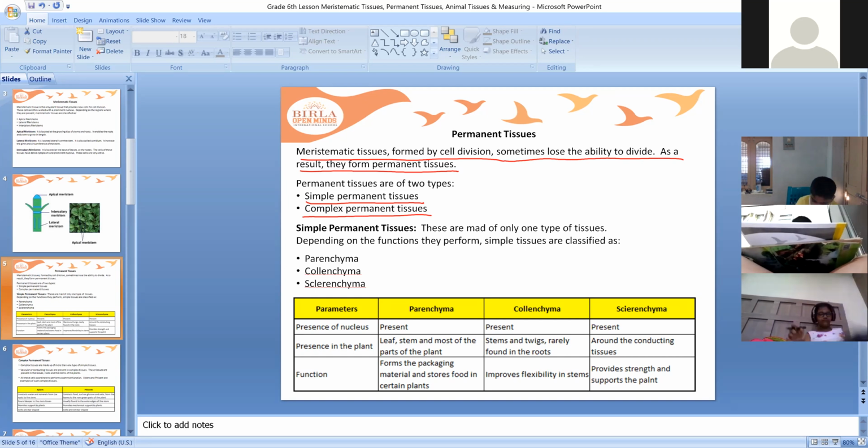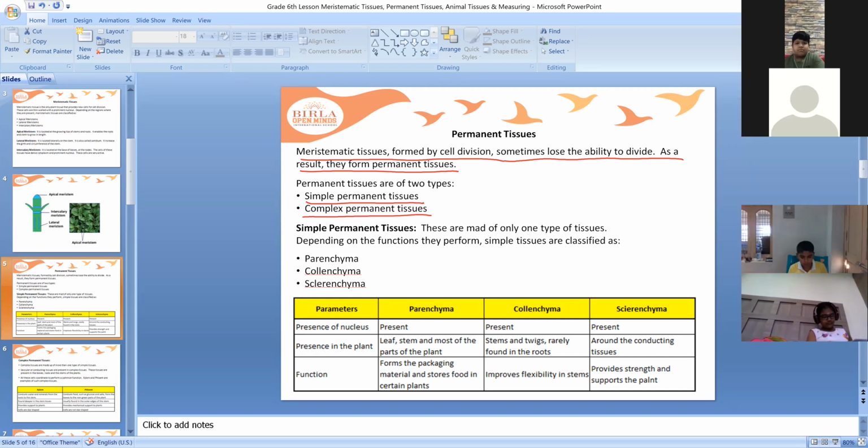Underline it. Yes, you can write it in your notebook also. You all have finished? Shall I erase it?